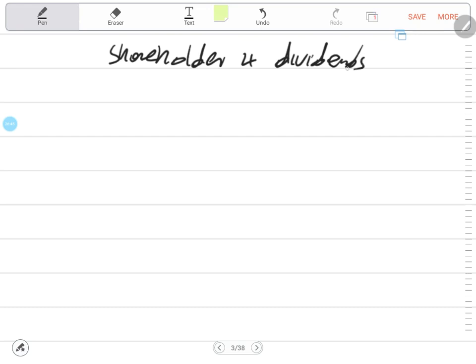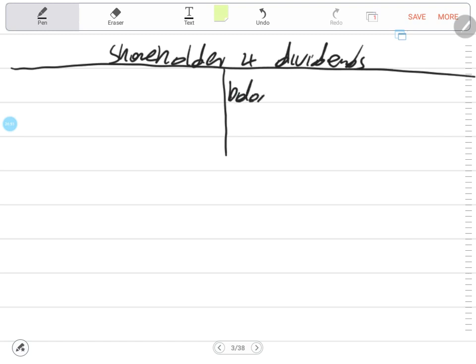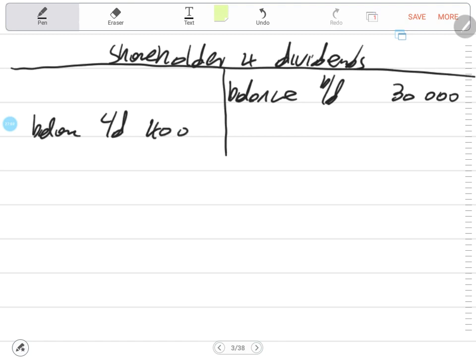Under your shareholders for dividends, you would have your opening balance here. Remember, this is a liability account. Balance brought down is on the credit side of a liability, and a balance carried down of a liability is always on the debit side. That is 40,000 rands. On the credit side, we declared dividends.